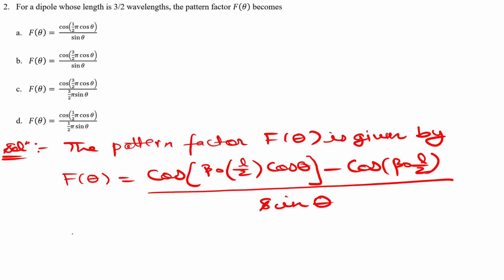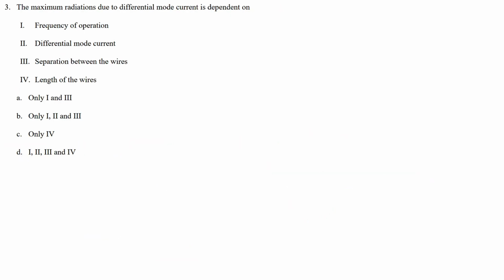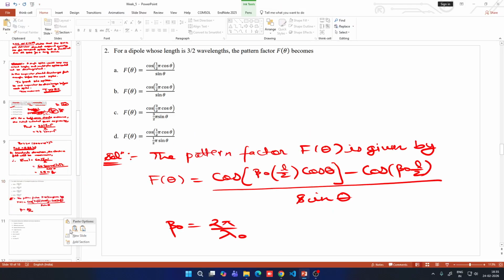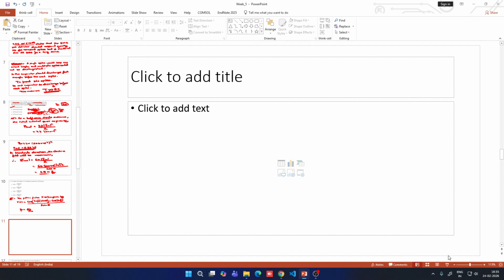Now in the problem, we also know what beta naught is. It's given by 2 pi by lambda naught. We can substitute the beta naught value here, and also we know what L is.